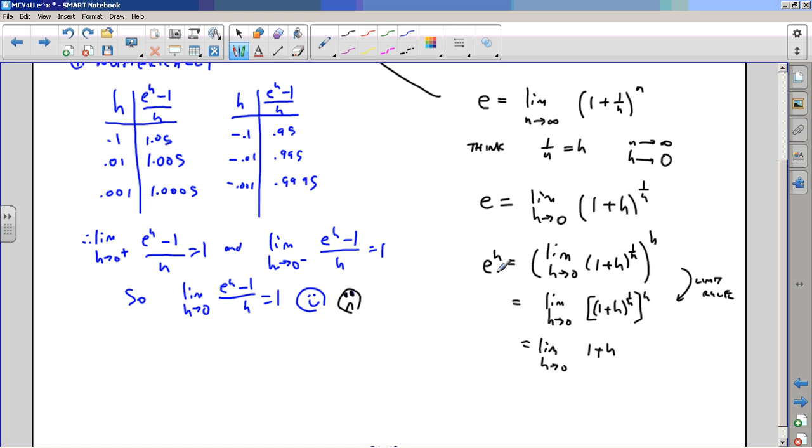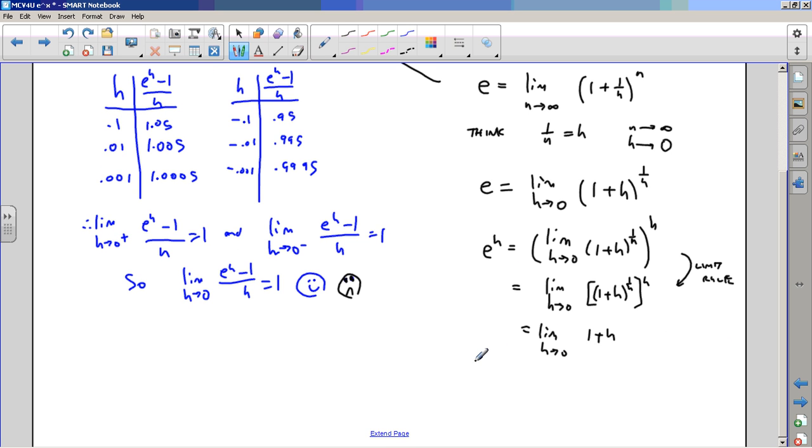Now, notice if I'm thinking about h going to 0, then I have two limits on this side. And now think about this. If I build this limit as h tends to 0 of e to the h, you can almost think of taking the limit as h tends to 0 of both of these sides. Okay? And think of it that way.